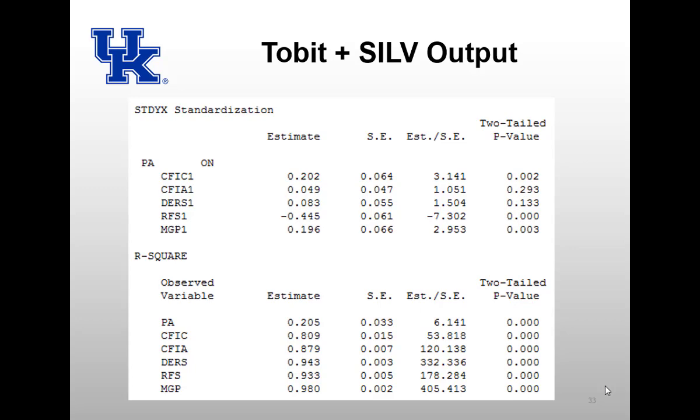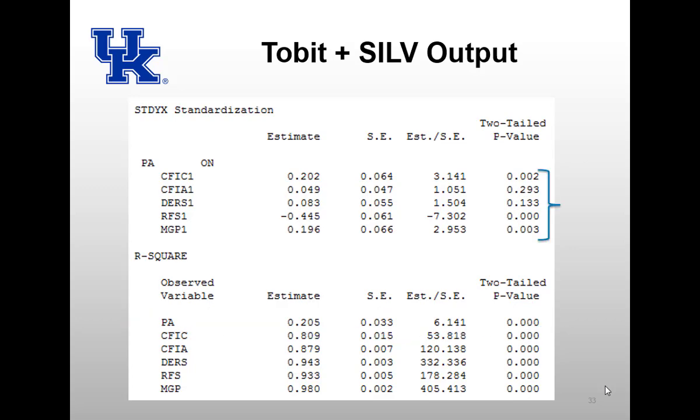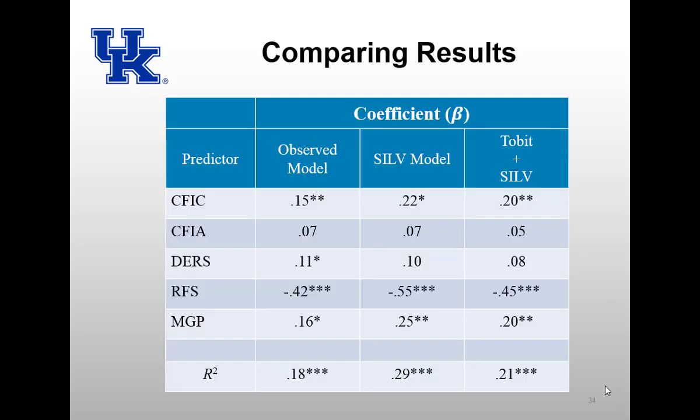Again, we're still using those standardized results, always the standardized results. And we can see down here we have our R squared for PA, still significant, and it is now 0.2. Our p-values and our estimates are slightly different, but not significantly different.